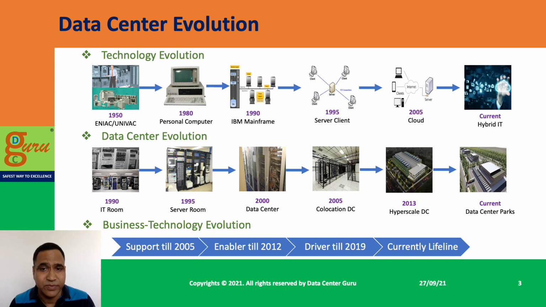They started driving the business, and now technology is the lifeline. You can't think about a business which is not dependent on technology. As this becomes the lifeline of the business, the criticality, the size, the scale, the requirement has also completely changed.